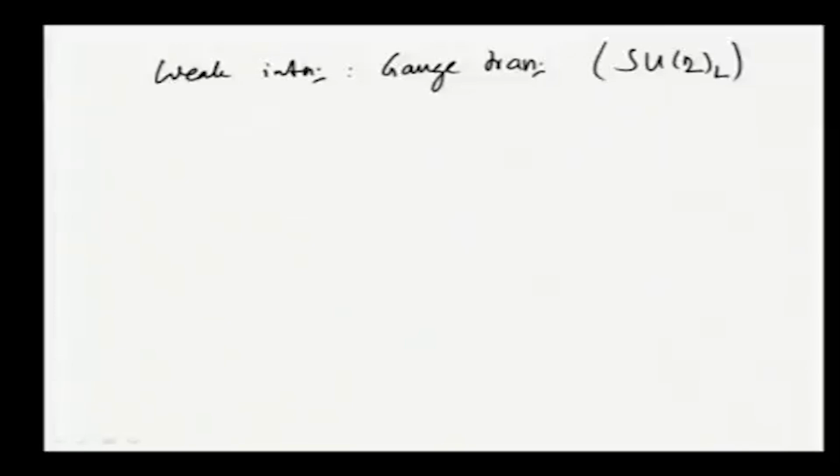Since only the left handed particles transform under SU(2) weak interactions, we will write the gauge group as SU(2)_L, L just to remind us that only left handed particles take part in this.